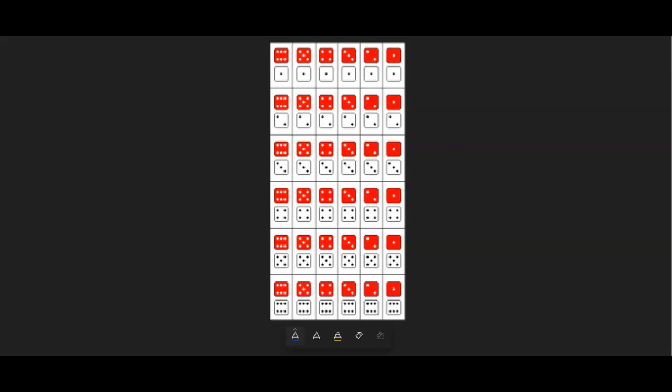So the red one is the first die, and the white one is the second die, right? So you're rolling 2 dice. And as you can see, these are all the combinations. This first choice is first one being 6, second one being 1, and this one is first one being 5, second one being 1.